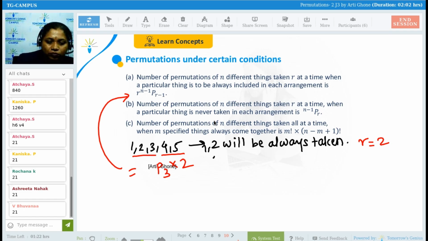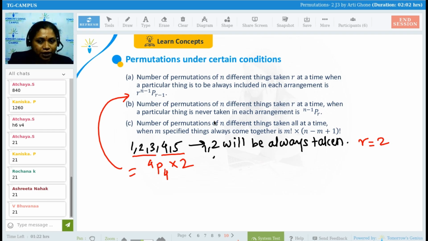How is this 4P4? Now 1 and 2, and 2 and 1, also change their positions internally. Yes or no? So that is considered as the fourth part. It's not always that 1, 2 will be taken in that order. It may be 2 and 1 also. So it is 4P4 into 2.